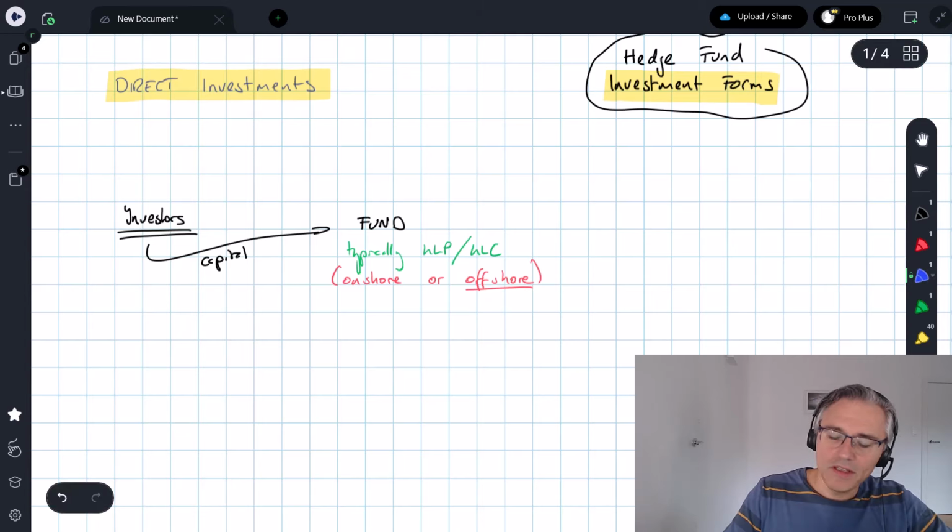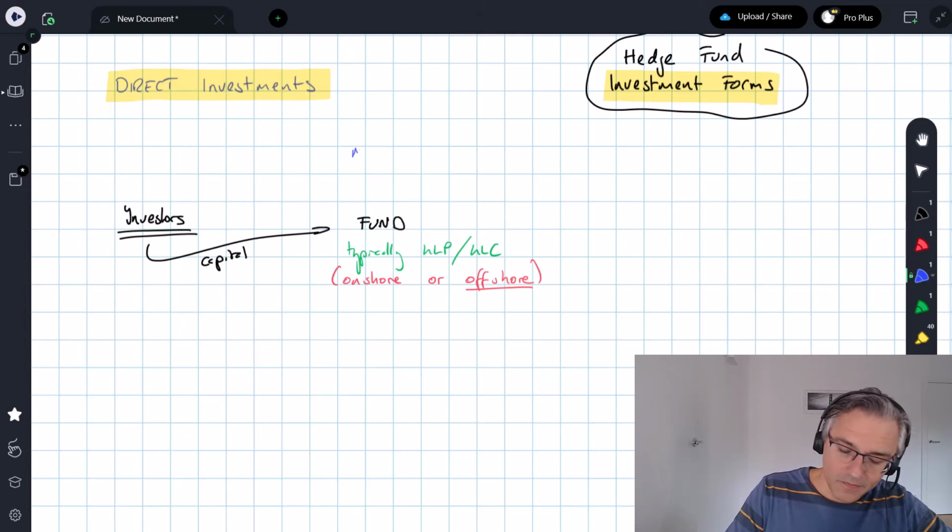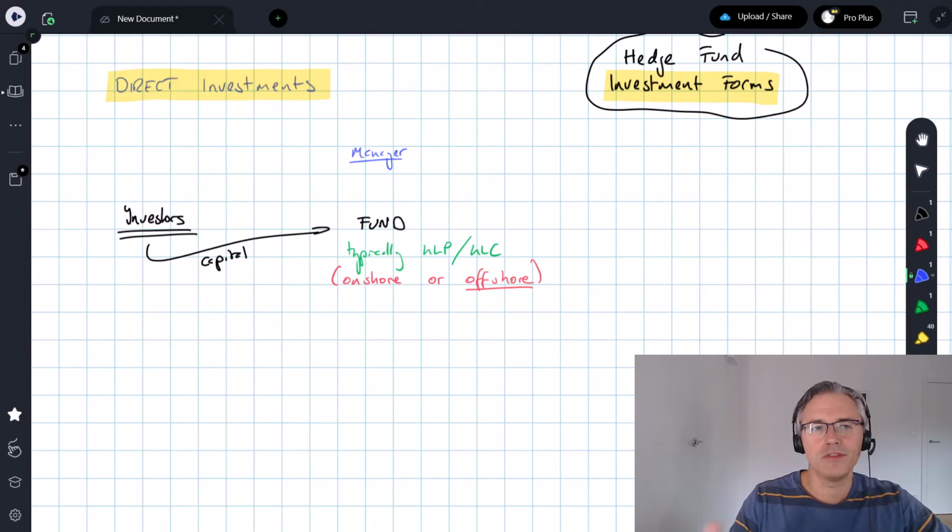We also need a manager. Once again, depending on the actual legal structure of the fund, be it a partnership or indeed a company, that manager could, for example, be the general partner or somebody who is appointed by the general partner to provide management services.